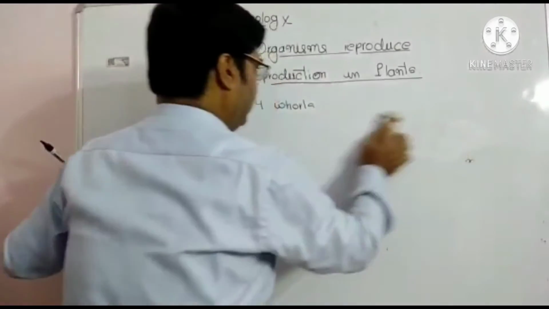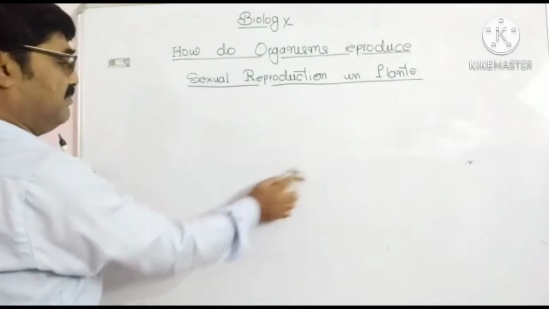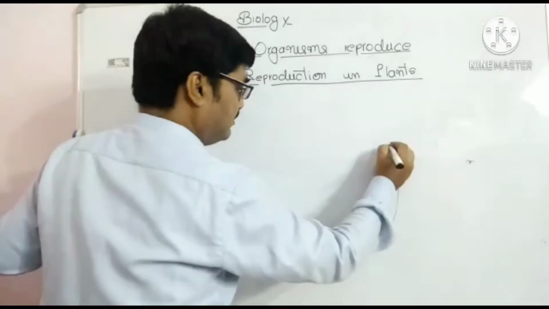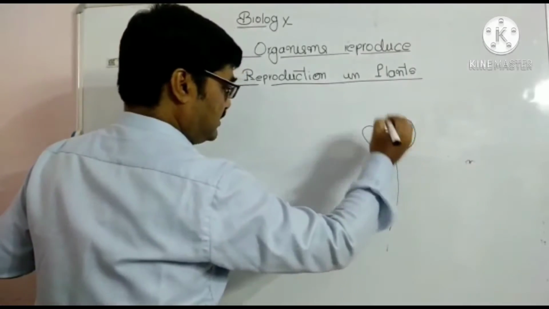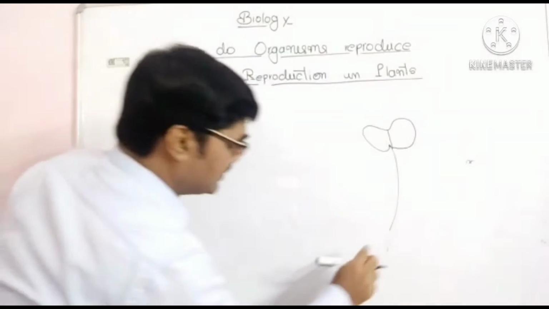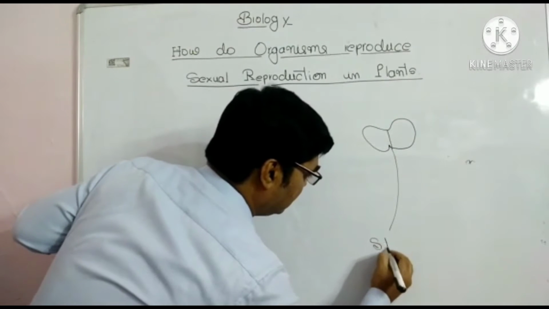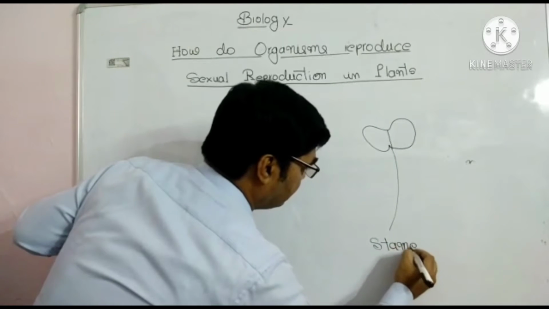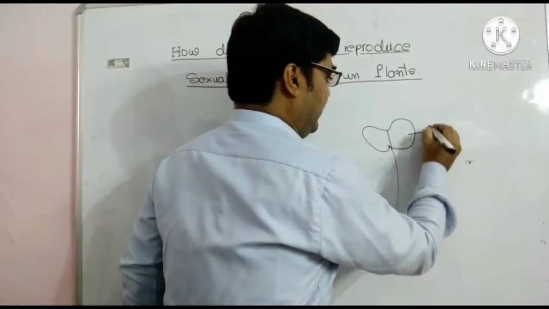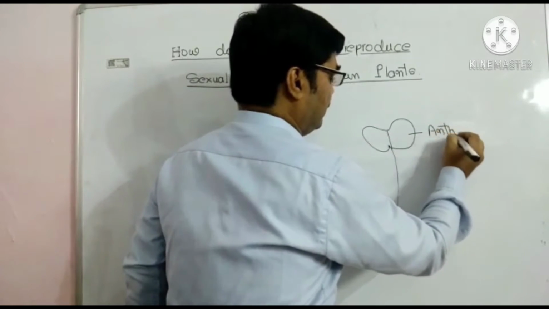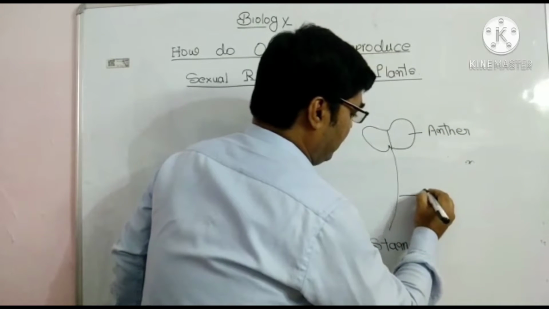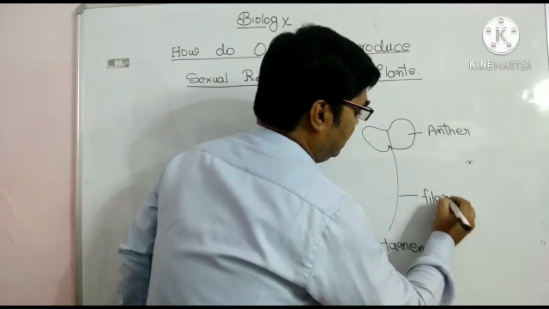Androecium, I told you, is the male reproductive part, and it is like this. This is androecium. Androecium is made up of a number of stamens. It is a single stamen, and stamen is made up of 2 parts. Upper part is called anther, and this stalk of the stamen is called filament.